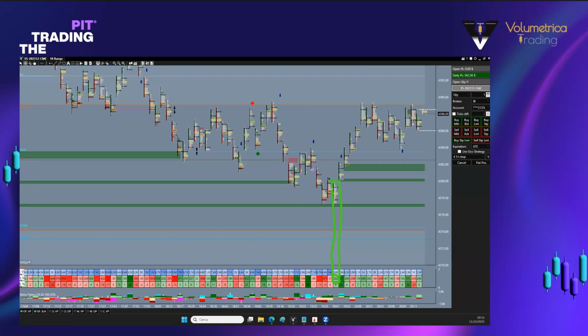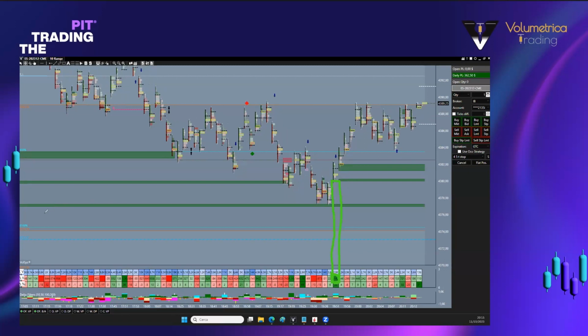That means that for every single price that this bar has gone through, we had this net of deltas. Okay, so taking this bar as an example, that means we have a positive delta of 222.